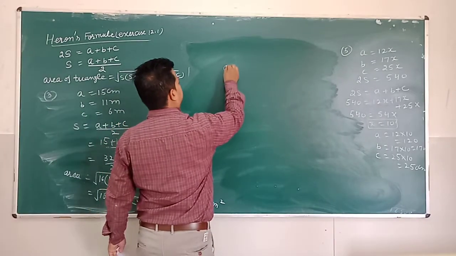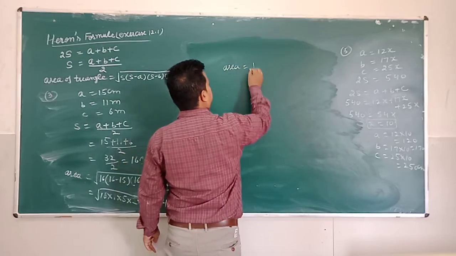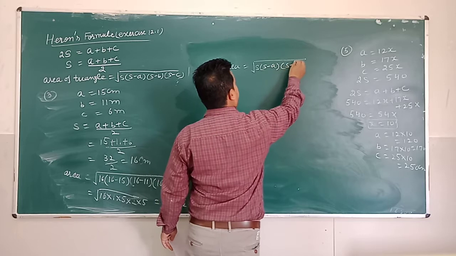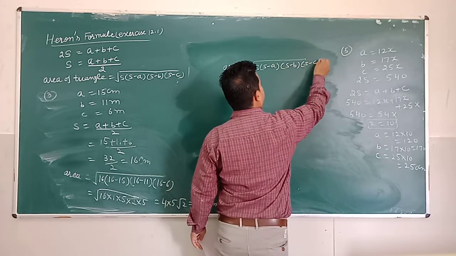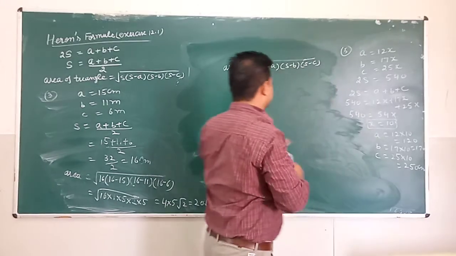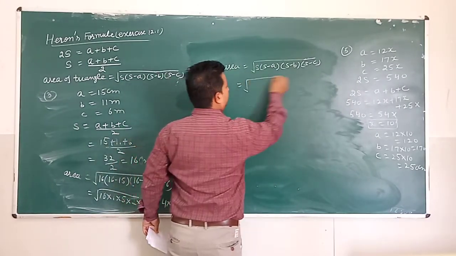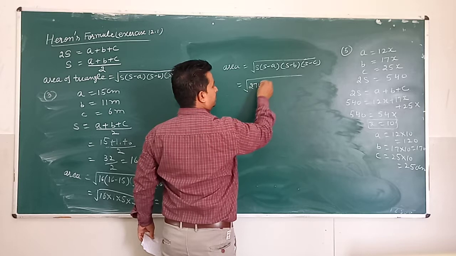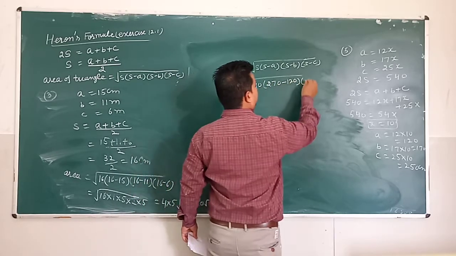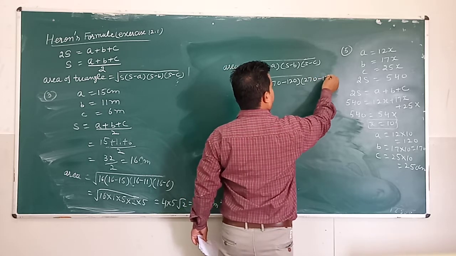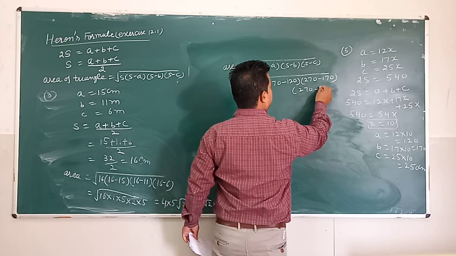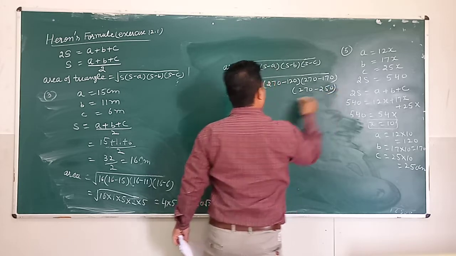for area, this is S, S minus A, S minus B, S minus C. Here 2S is 540, so S is 270. This is 270. 270 minus A, which is 120. 270 minus B, 170. 270 minus C, this is 250.